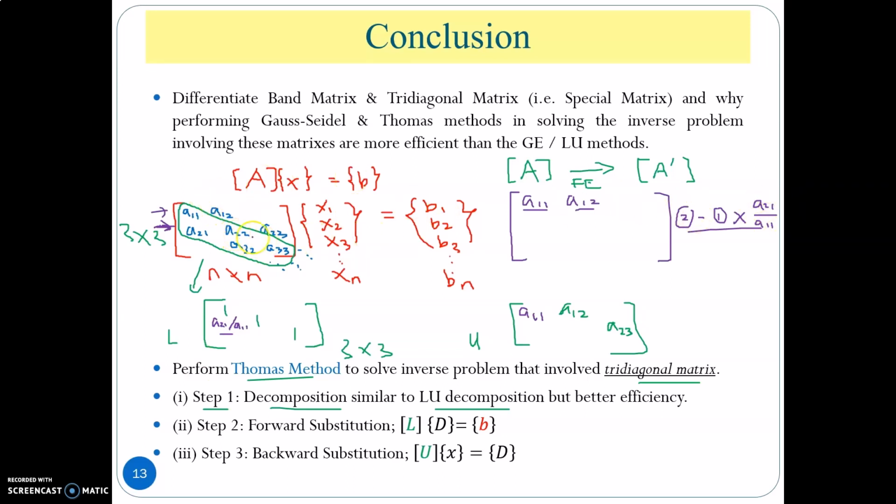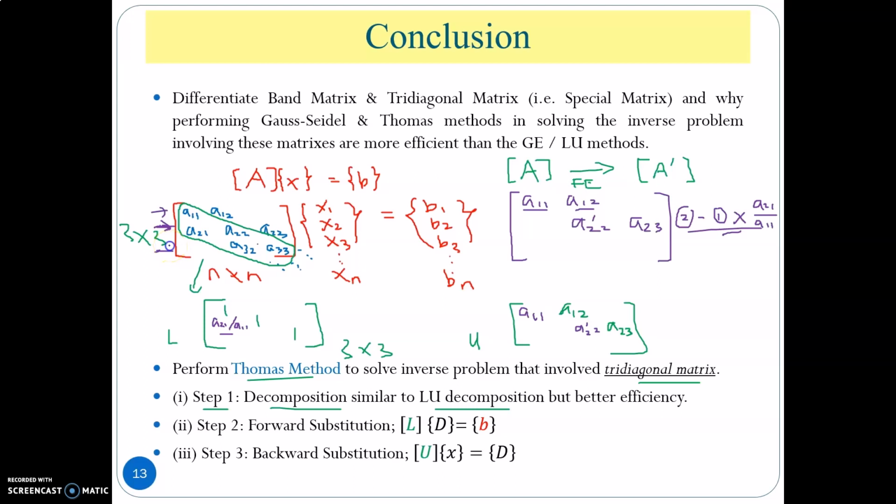You can change the A22 here to become A22 prime. So A23 remains. Therefore, you obtain your upper matrix here to be A22 prime. So A22 prime is the forward elimination result by using this equation.